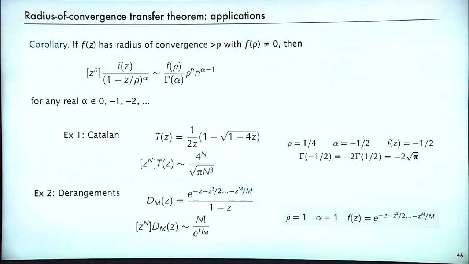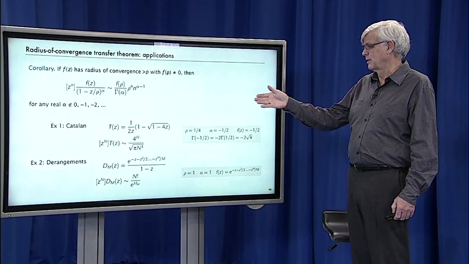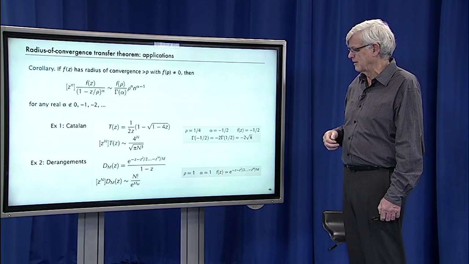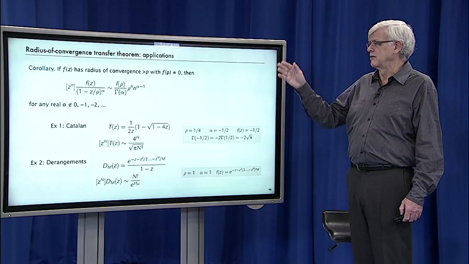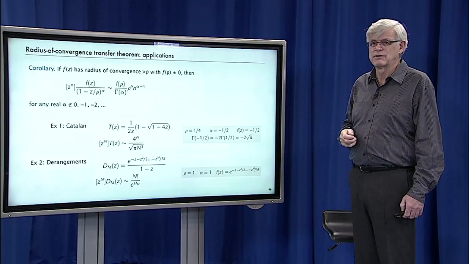That's H sub m. That immediately gives the asymptotics: e to the minus H sub m. So two problems. The first one, a lot of calculation to get there. The second one, we don't even know how to get there. Immediately through this analytic transfer theorem, we can get the result.